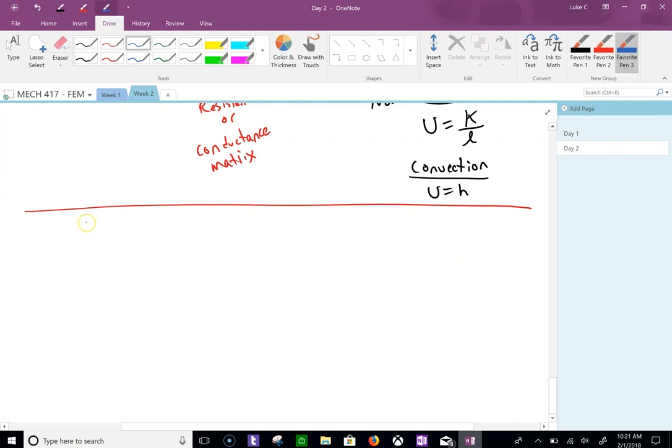All right, so let's develop equations for each element. So we're not going to look at the nodes, we're going to look at elements.